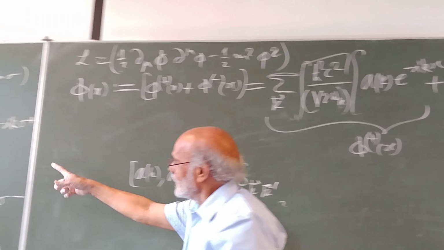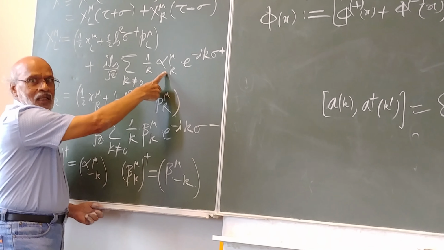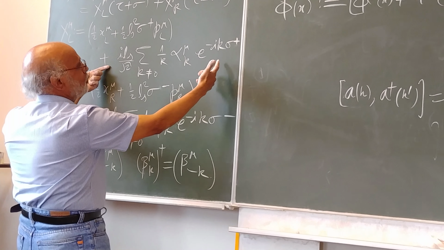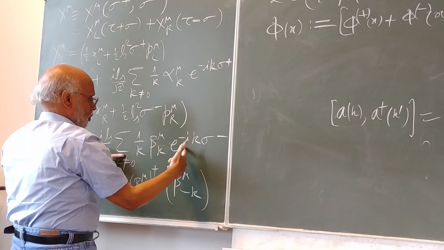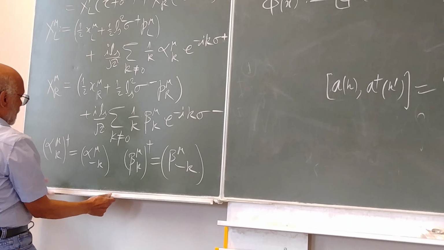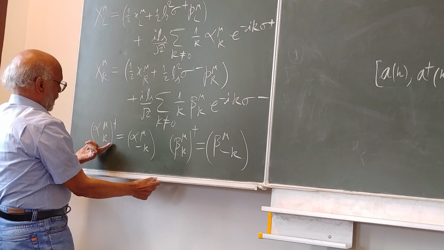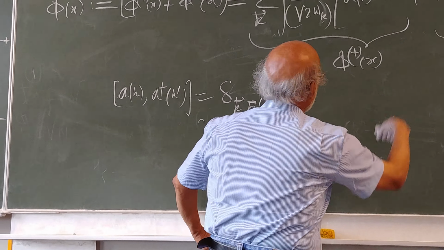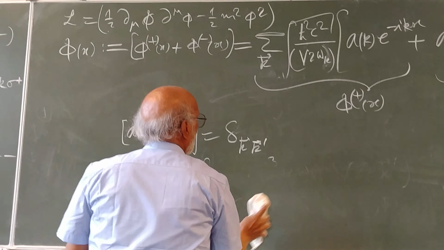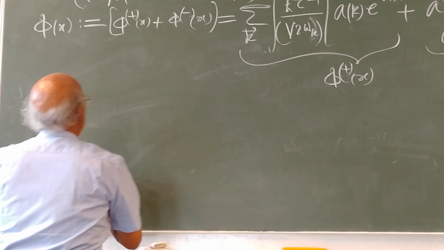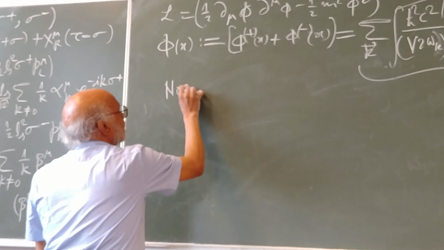And here look at this, this is the annihilation operator, and this is also the annihilation operator, and therefore I am calling it a positive frequency part, okay? But let me not mix it up with that. And this would be the negative frequency part. And another important point you would encounter is the normal ordering.